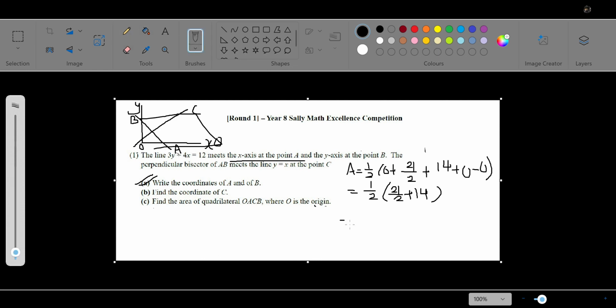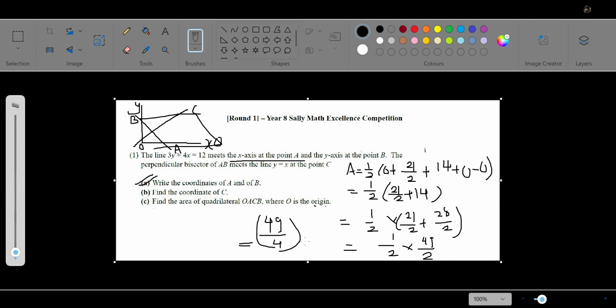After it becomes like this, what you have to do is just go 1 over 2 here plus 28 over 2, then it would equal 1 over 2 times 49 over 2. So the area of quadrilateral OACB would be 49 over 4 units.